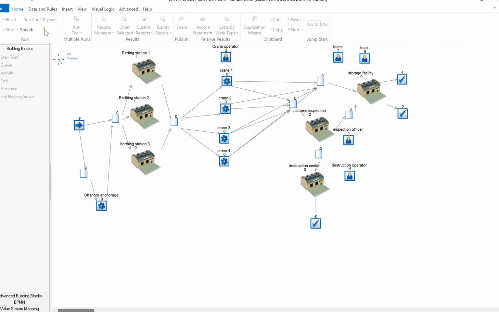It's a little bit fast, but you kind of see it coming through the crane and flowing through. Every once in a while you can see a crane operator coming out, depending on the shift. Coming in requires that resource to be used. Flowing through, sometimes it goes into here. Most of the time, it's just going to the storage facility.